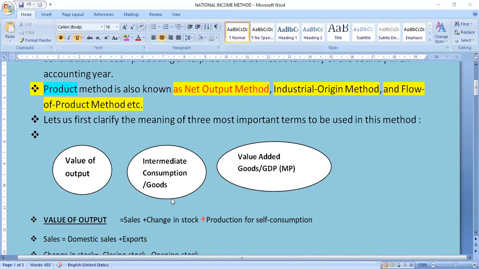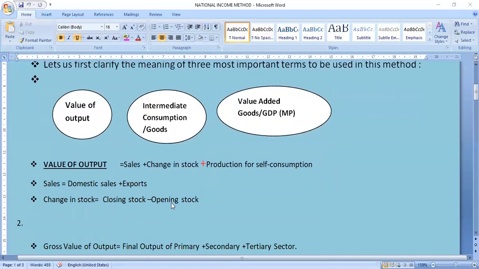The value of output means the total production during an accounting year within a country, that is, how much goods and services are produced by all producers will be included in the value of output. A producer can produce goods in two directions: either sales or keep in stock.